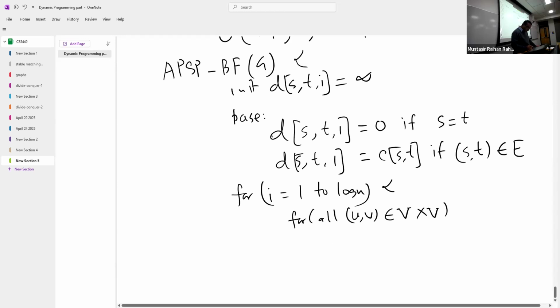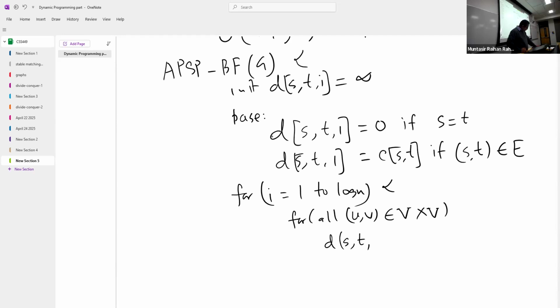I just have the recurrence relation, which is D of S comma T, and what will be the hop count? So we are doubling every time, up to log n times. We start with hop count 1, and next time it's going to be 2, and then 2 square.